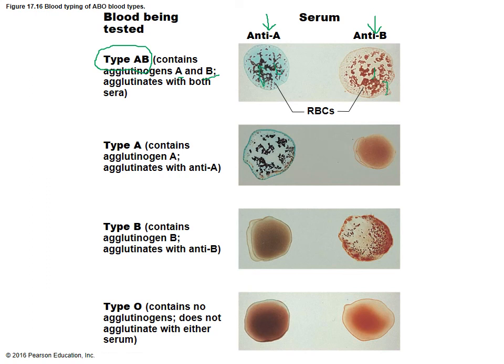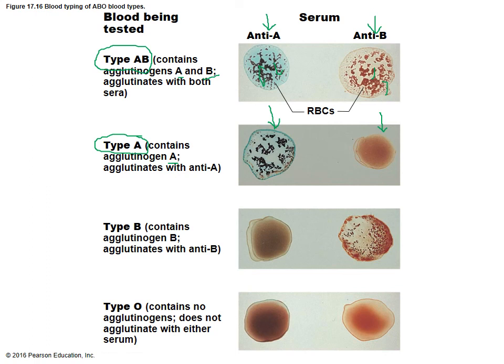What about if your patient is type A? Well, if you're type A, you have agglutinogens for A, so that means that if I dump anti-A or A antibody on top of it, I'm going to make a perfect match and I'm going to get my agglutination. If I put antibody B on top of it, then that's what it looks like normally in your blood vessels.